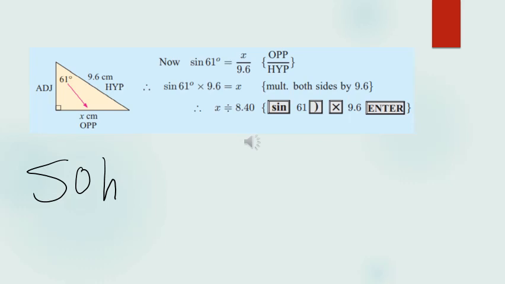So this is literally an equation that you can solve. By solving the equation, you need to multiply sine 61 by 9.6 in order to solve for x. Then by using your calculator, sine 61, close your brackets, multiplied by 9.6, it gives 8.40.